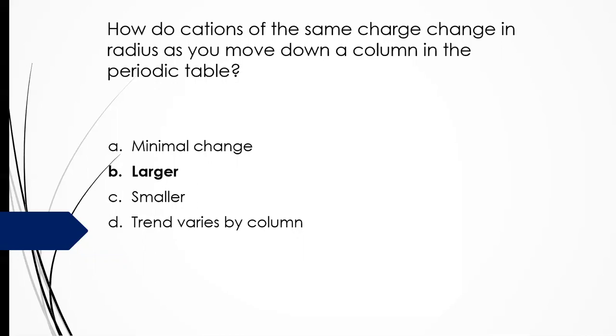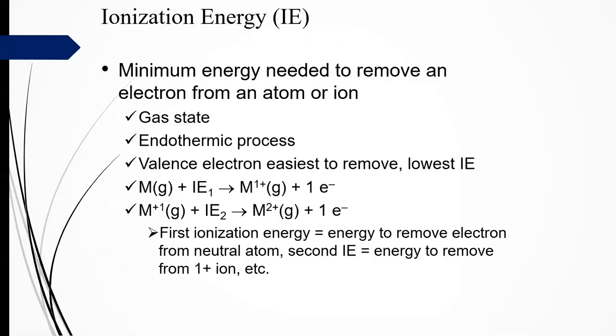Very good. The next one that we're going to talk about is ionization energy. Ionization energy is defined as the minimum energy needed to remove an electron. Now, each ionization energy only corresponds to removing one electron. So IE1 removes the first electron. IE2 removes another electron, but it doesn't remove it from the neutral atom.